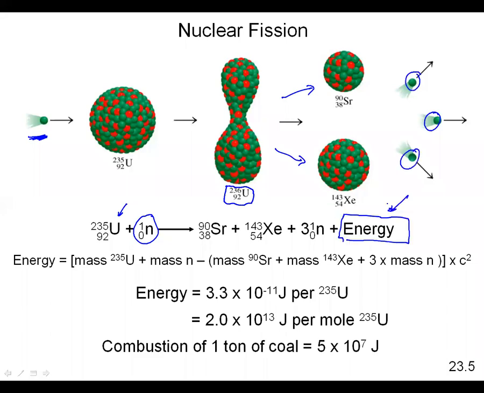If you take uranium-235 and go through this fission process, you generate 2 times 10 to the 13 joules per mole of uranium-235. That is a lot more energy given off than, say, the combustion of coal, for example.